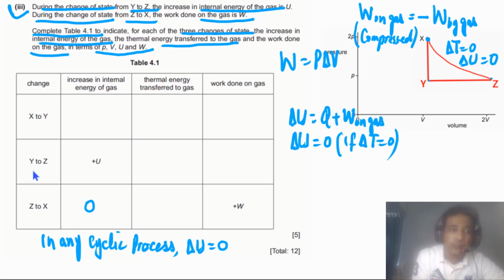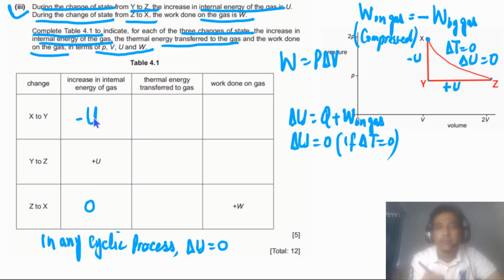Now for Y to Z, delta U is positive, Z to X is 0, so the remaining one has to be negative. Here we can simply write that this one has to be delta U negative, because if we add all of them, the sum has to be equal to 0. Now the second thing, if you look at X to Y, we can see the volume remains constant.